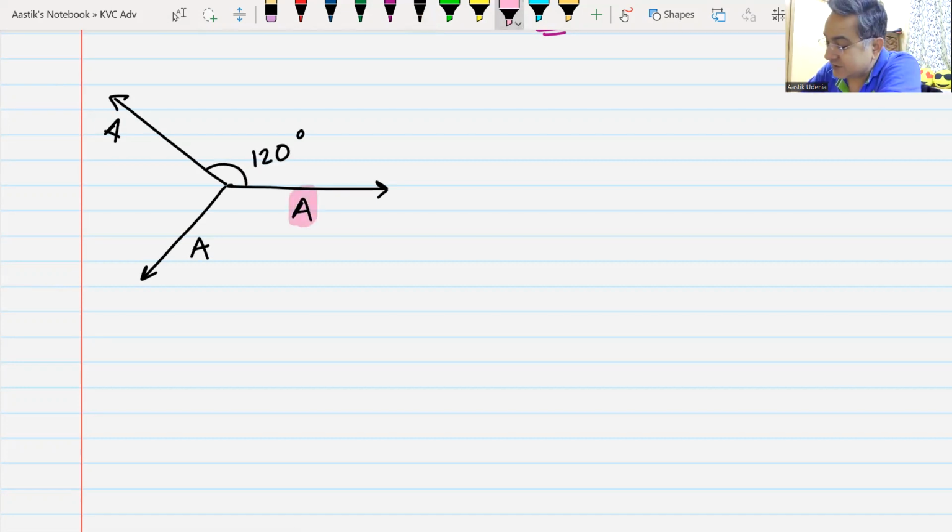This vector plus this vector will be equal to negative of the third vector. Do you understand this? Yes, sir. Three equal vectors to be in equilibrium have to be at an angle of 120 degrees. So the A vector, the pink one and the pink one, should be negative of the A vector. You understand this?